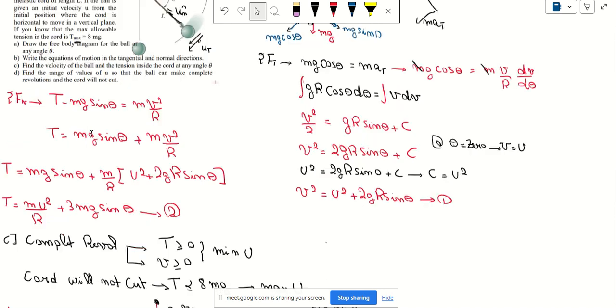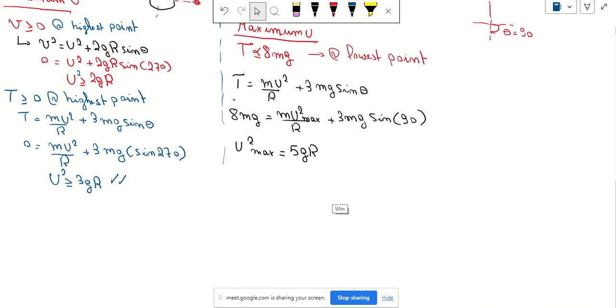So again you'll find that u is between square root 3gr, this is the one from the left side, to square root 5gr. So the only values that satisfy his condition are between these two values, 3gr and 5gr.